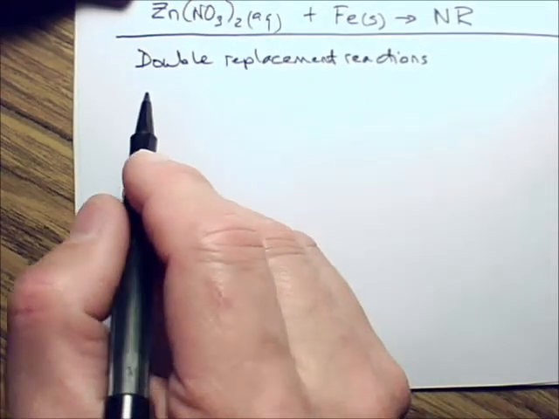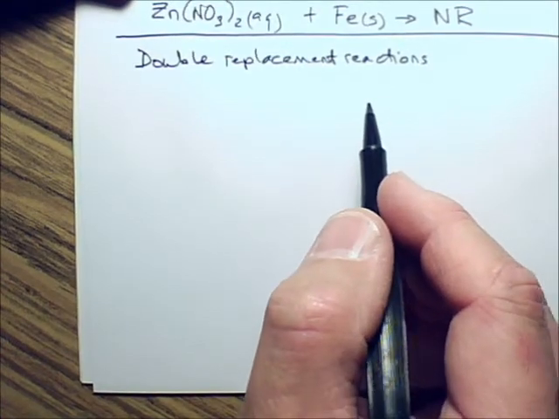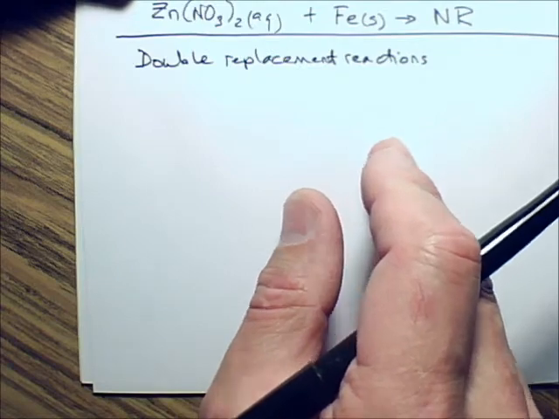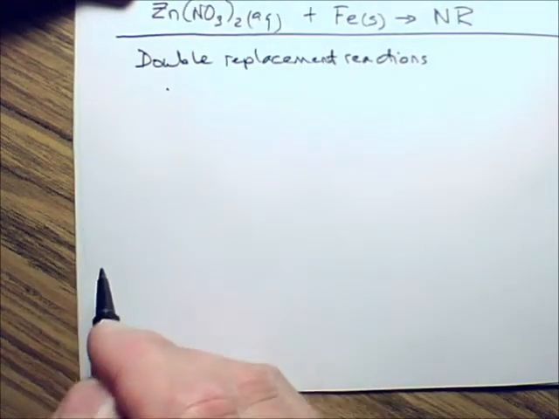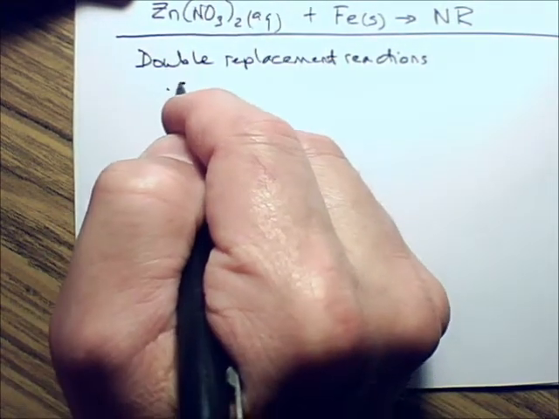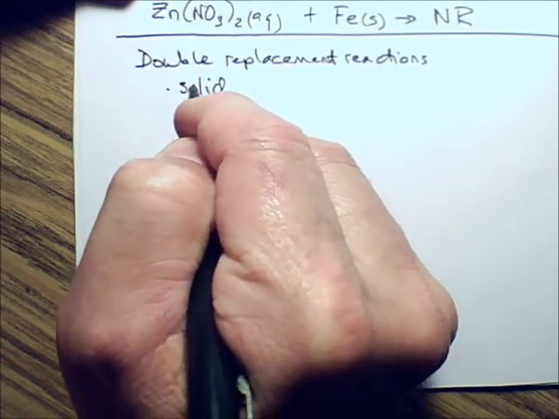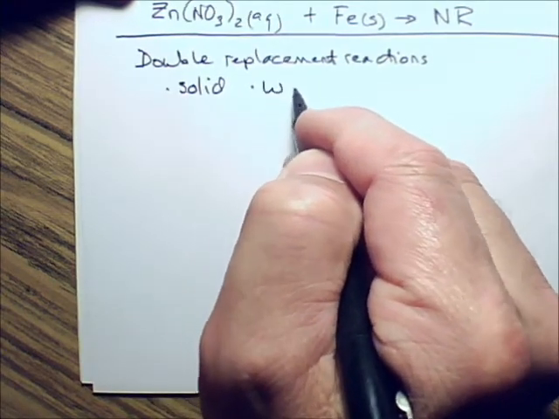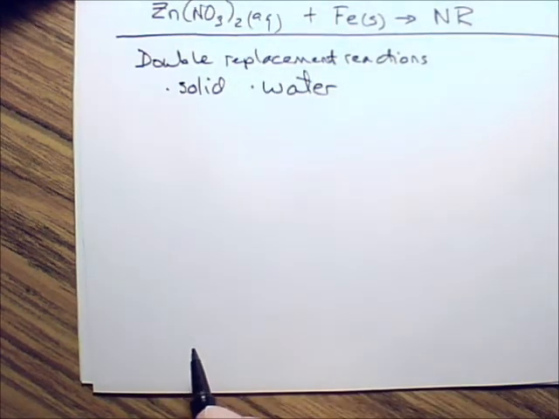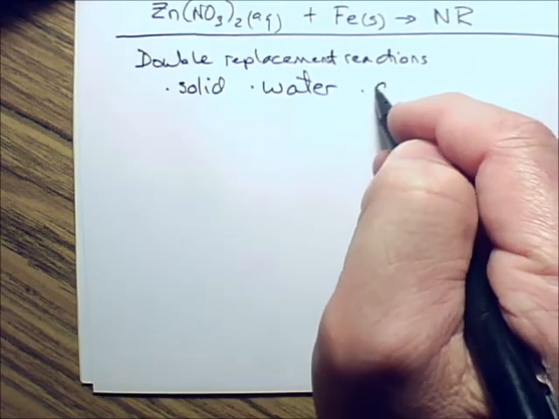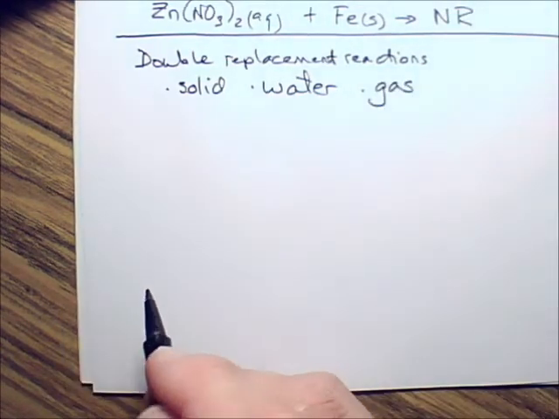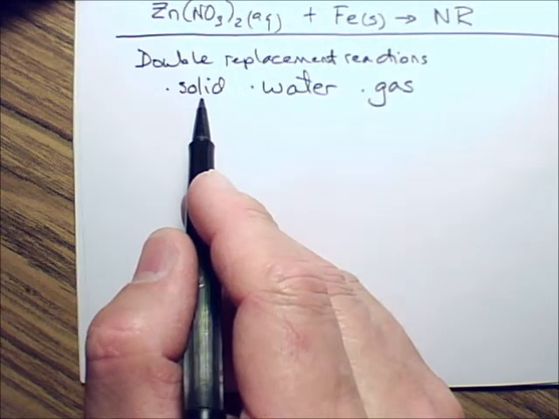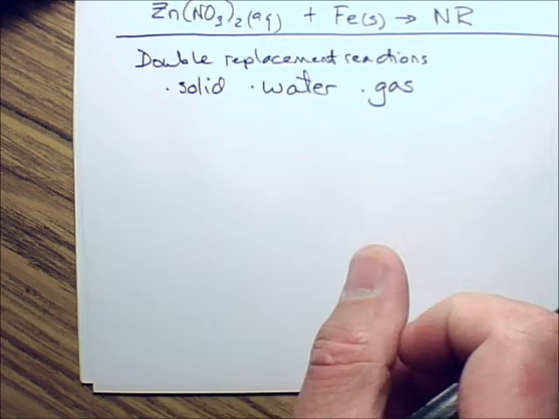Double replacement reactions have driving forces that are all about the products that are formed. So if you form a solid, if you form water, or if you form a gas, that's a driving force for a double replacement reaction.